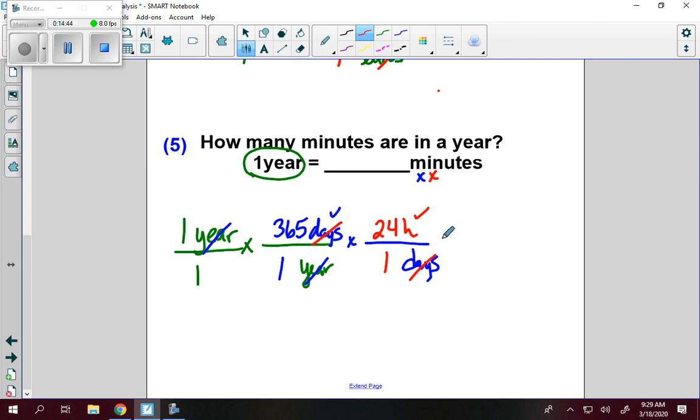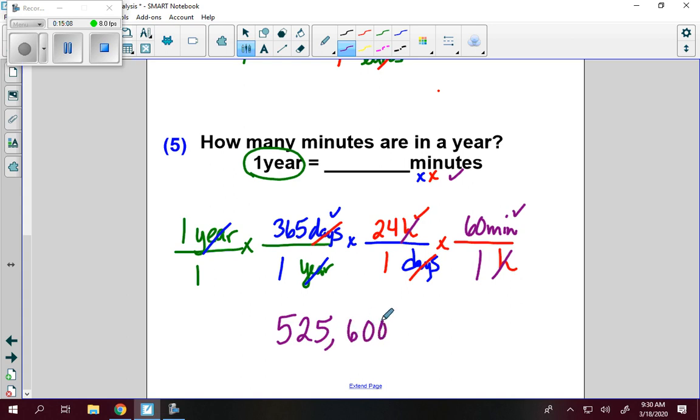So I have to keep going, times hours. And now I can't go from hours to minutes. If I have 60 minutes, I have 1 hour, and those cancel. Now if I were to end my problem in minutes, then my problem would be solved in minutes. And when you do the math, you get 525,600 minutes.